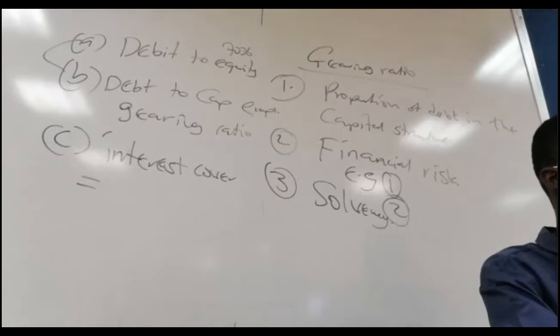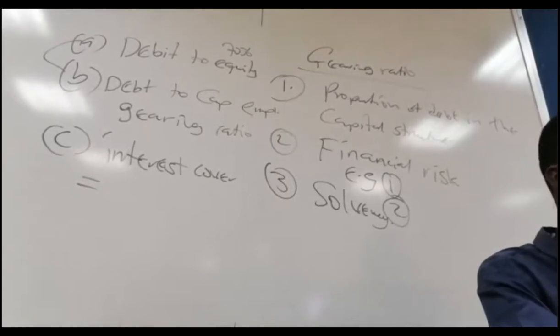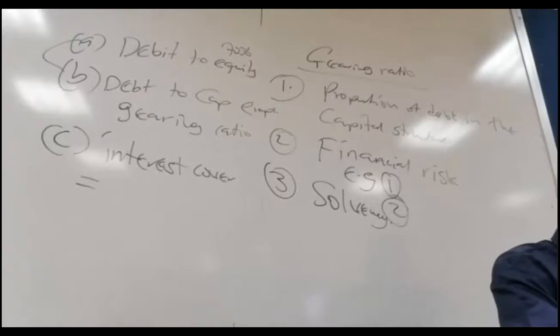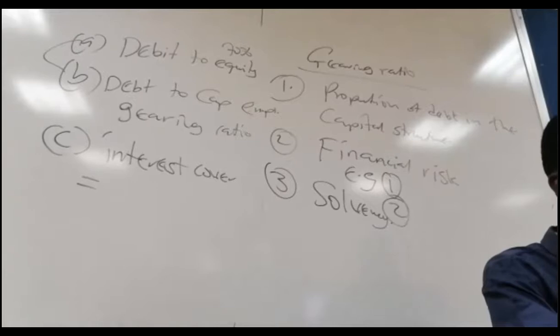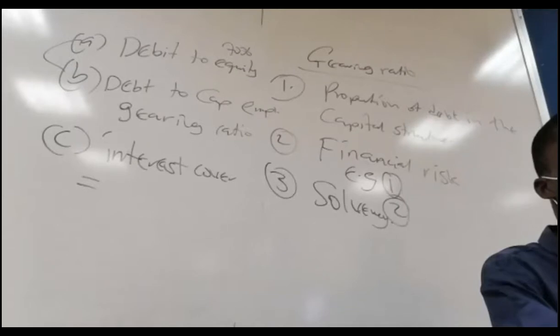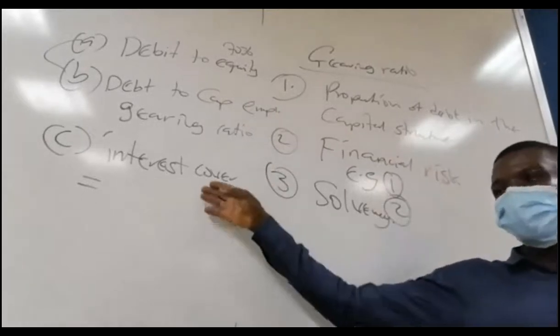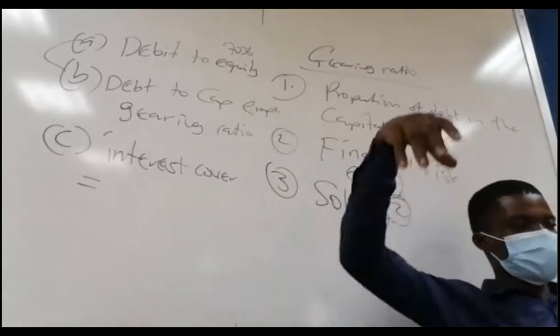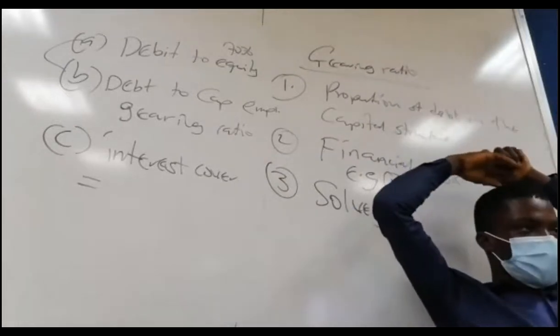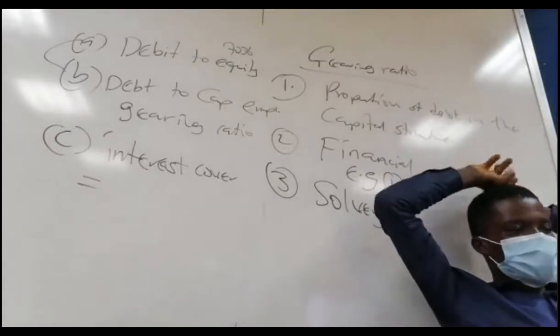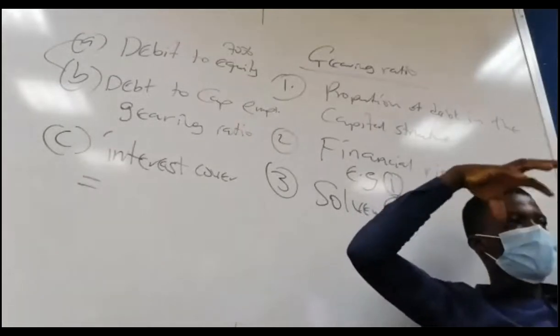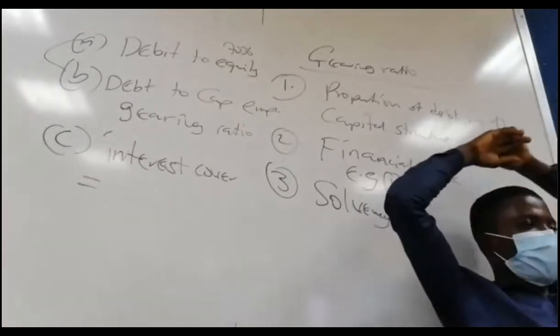So that's the interest cover: the number of times that you can cover the interest expense that you have. So for every one Ghana cedi of interest, how much profit do you have to cover it? It's like insurance cover.